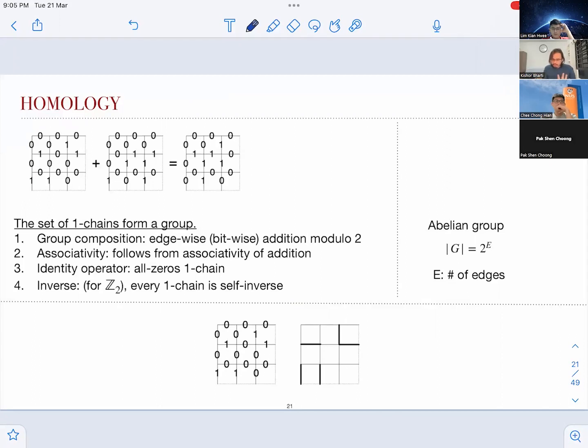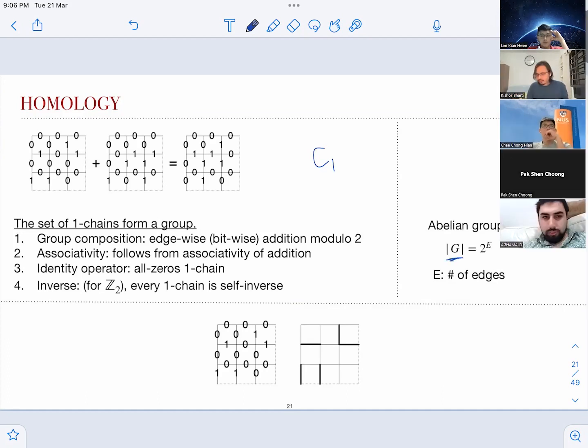So it forms a group, formed by the different one chains, and it's an abelian group: A plus B is the same as B plus A. The number of elements in the group is 2 to the power of the number of edges, and that's the size of the group.